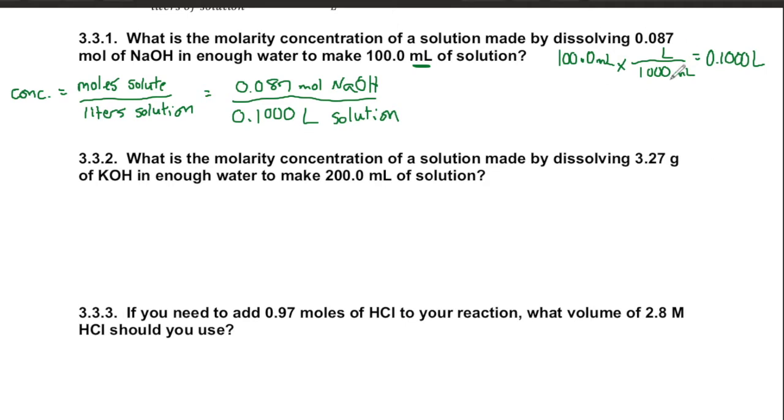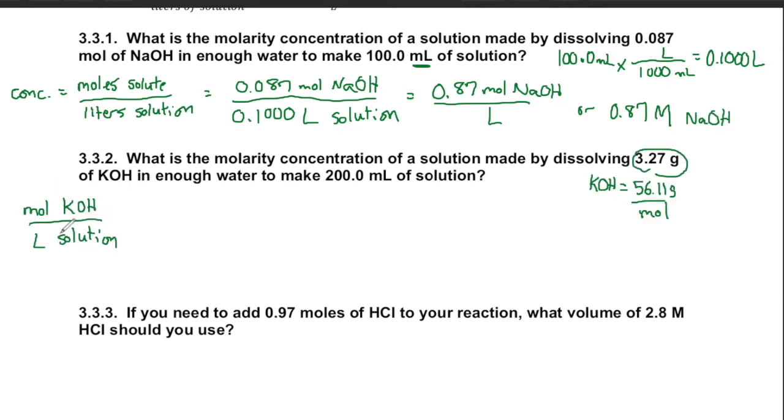And so being able to quickly convert between milliliters and liters is a really good skill to have. So we have 0.1000 liters of solution, 0.087 moles. So we can express this as 0.87 moles per liter of sodium hydroxide, or we can use that capital M and say that it is 0.87 molar sodium hydroxide solution.